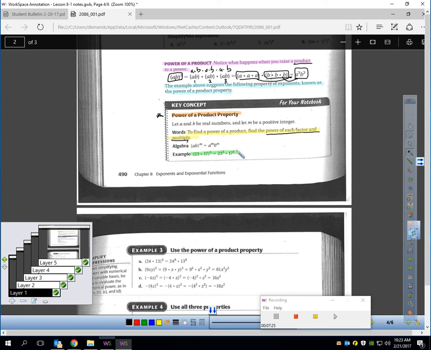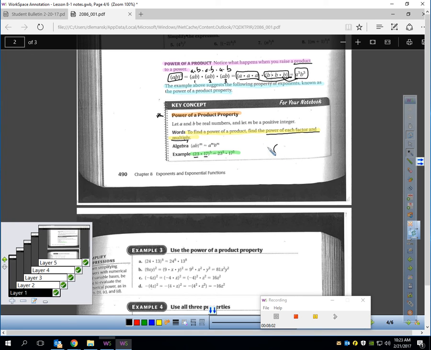Now, each year I have people look at that and think of it as distributing. You are not distributing. You are just applying the 5th power to each factor. So I have to apply the 5th power to the 23 and I have to apply it to the 17, but that's not distributing.